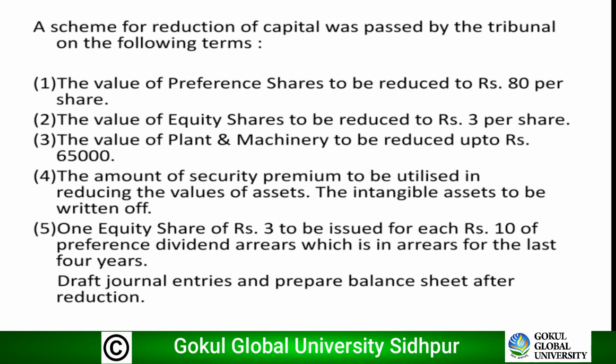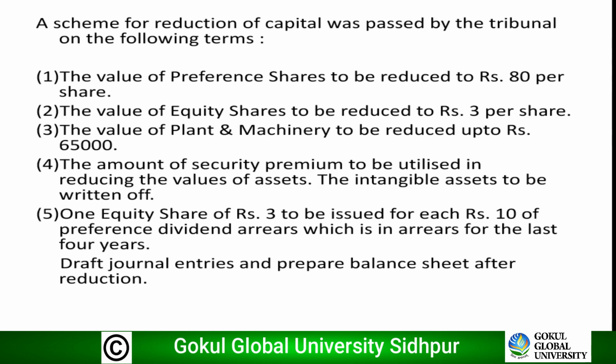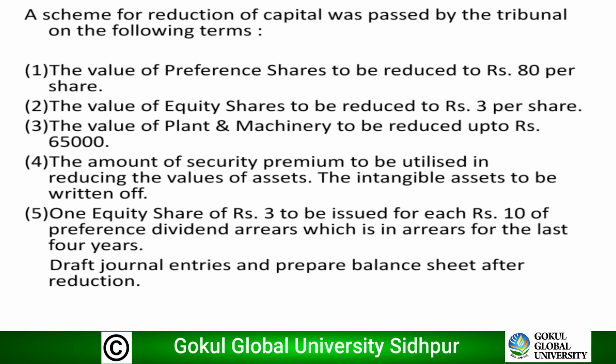Rupees 3 is the new value of equity share capital. Next, the value of plant and machinery to be reduced to rupees 65,000. This is the new value of plant and machinery. See the asset side, plant and machinery 1,25,000 and the new value given is 65,000.